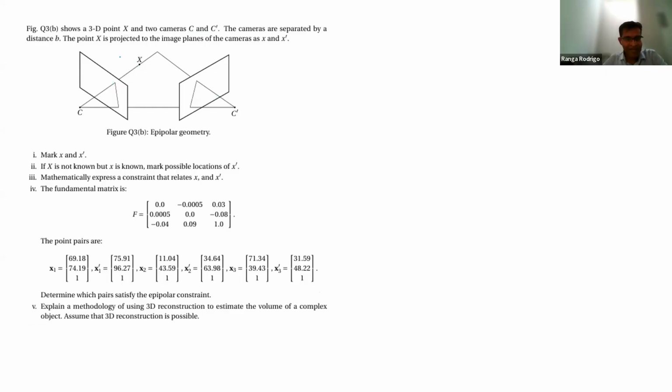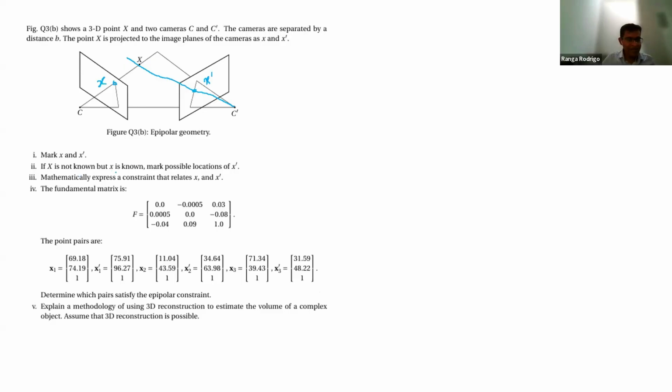There's no way to draw a straight line. Okay, let's be satisfied that it's a straight line. So this is my x, that point, and this point is my x prime. Okay, that's the first question.